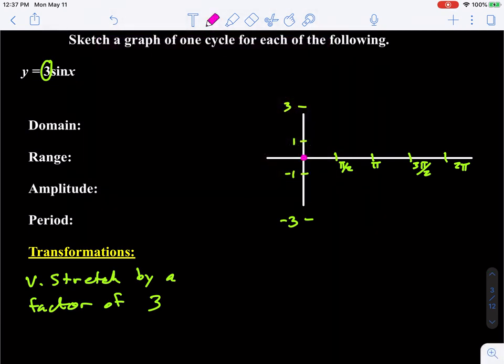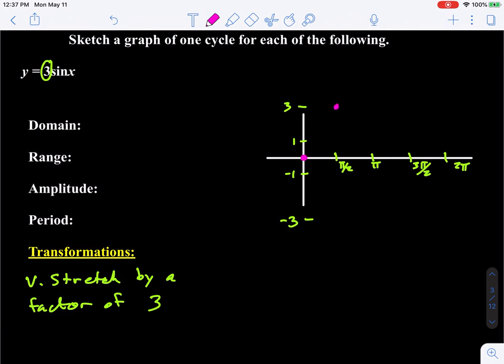When I say starting point, it's not really the starting point because our graph does go to the left and to the right forever, but it's going to be the starting point for this one cycle that we are going to be graphing. The next x value is where your maximum will occur.